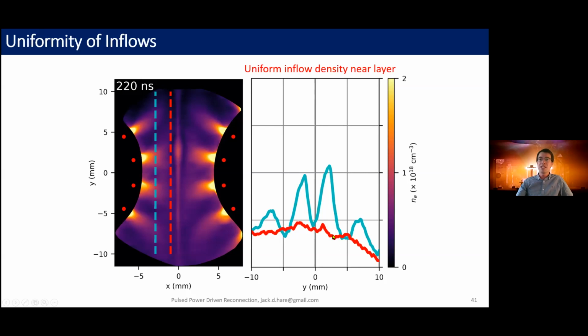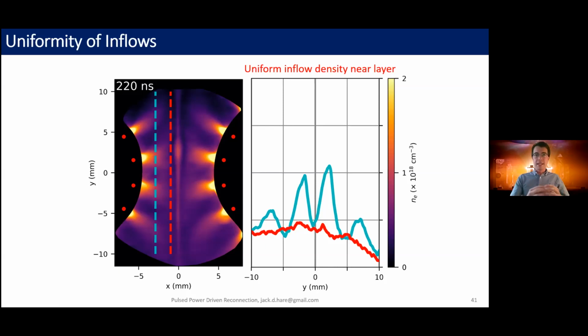By the time they reach the reconnection layer, they're astonishingly smooth. There's very little information about the discrete nature of the inflows left here. Indeed, there may be some remaining information which could act as a small seed for this perturbation, for this instability. But it doesn't seem likely that this inflow profile could give rise to such dramatic changes of the density that we see inside the reconnection layer.